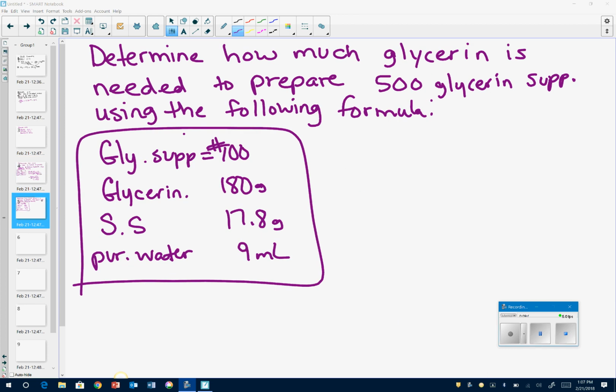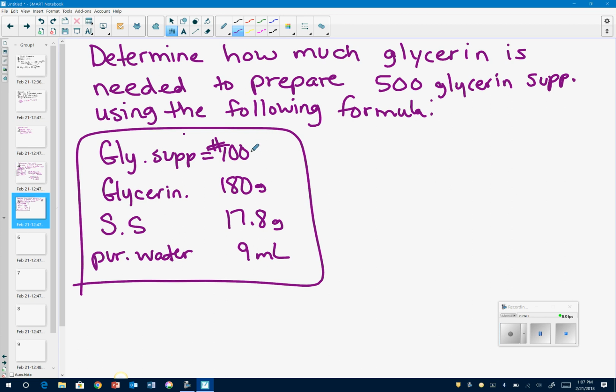Okay, so this is our next example. It says determine how much glycerin is needed to prepare 500 glycerin suppositories using the following formula. So this formula is for 100 suppositories, and we want to make enough for 500 suppositories.